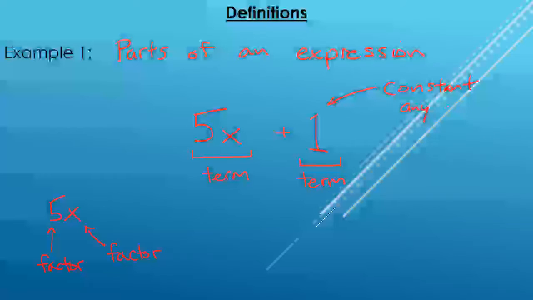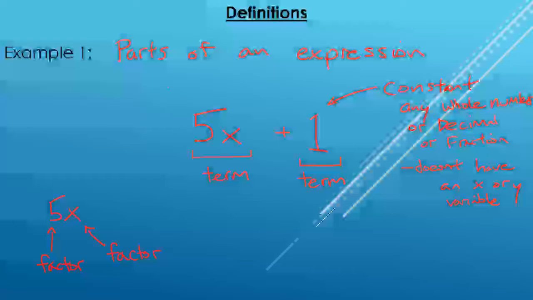It's any whole number or fraction or decimal without an x or y on it. Or I guess I should say it's not a factor. There's no other thing being multiplied to it. Or any variable.